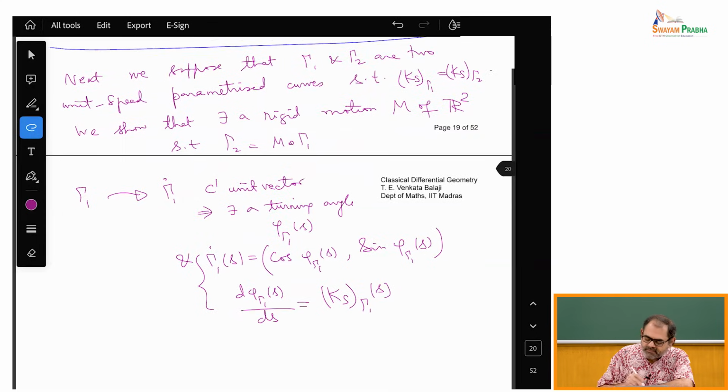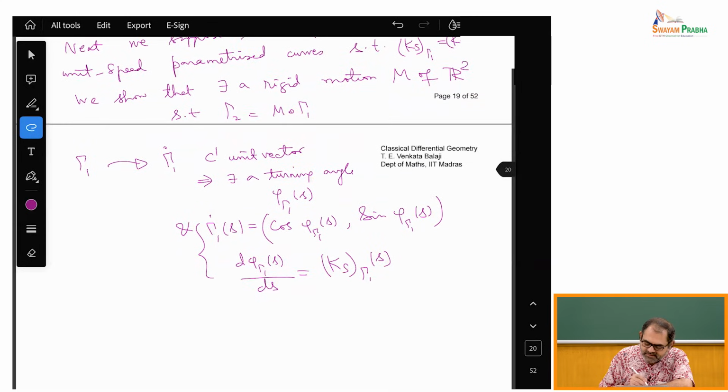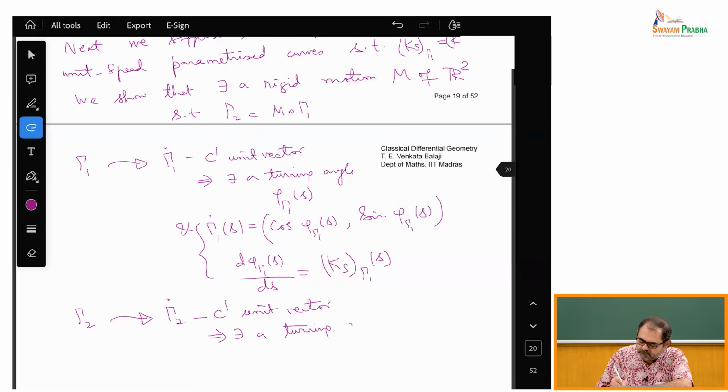Similarly, you will have the same kind of thing for the second curve. Gamma 2 gives rise to gamma 2 dot, and that is also going to be a C1 unit vector, so it will have a turning angle, and that will be phi gamma 2 of s.